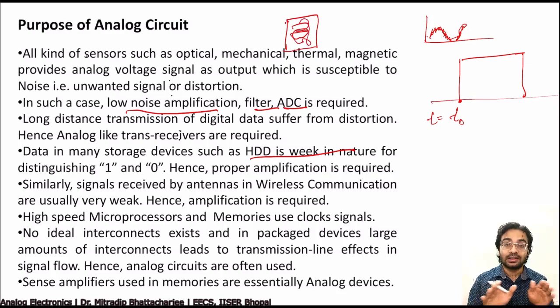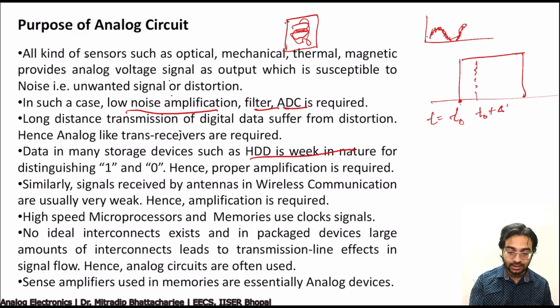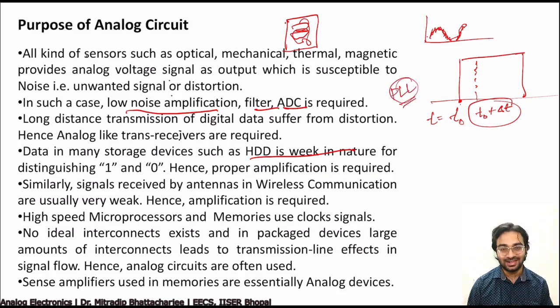The interconnect lengths may go in kilometers, in fact. So that signal is traveling a long distance. So it may happen that other than t equal to t0, the signal appears at t equal to t0 plus delta t. Now this creates a problem. This is a digital electronics problem, but to get rid of it you use PLLs, phase locked loops, which are again analog circuits. So for this purpose also we need analog circuits.